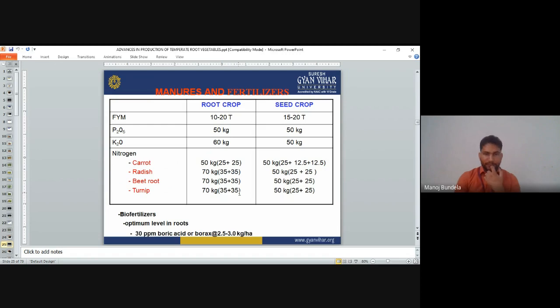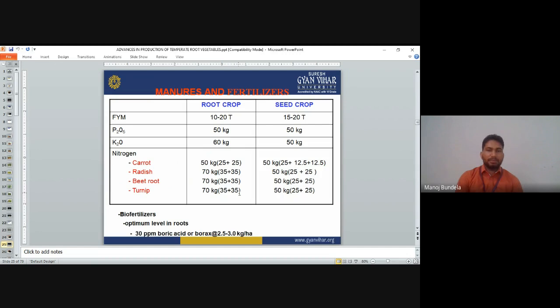Nitrogen is different, and the time of application is also different. In carrot, for root crops, we apply 50 kg of nitrogen in two splits, 25 plus 25. In seed crops, the same 50 kg is applied three times: 25, 12.5 and 12.5 kg.